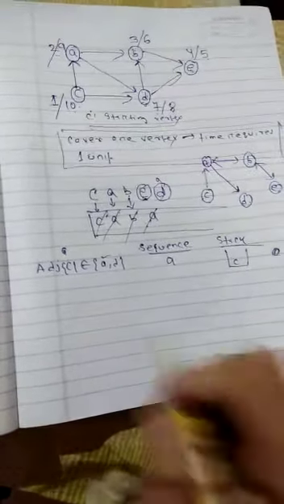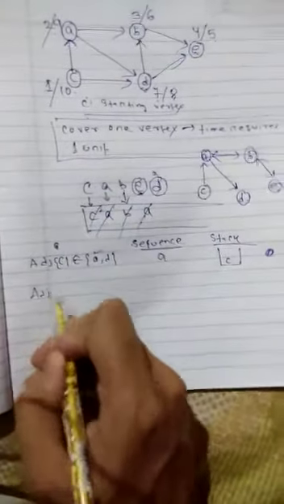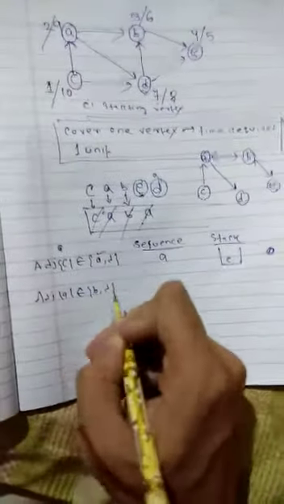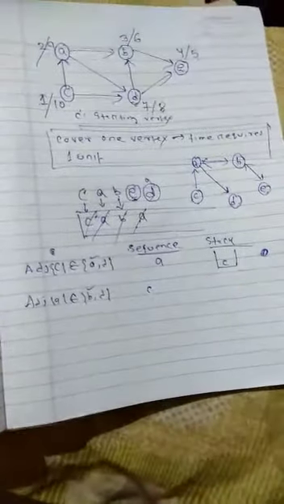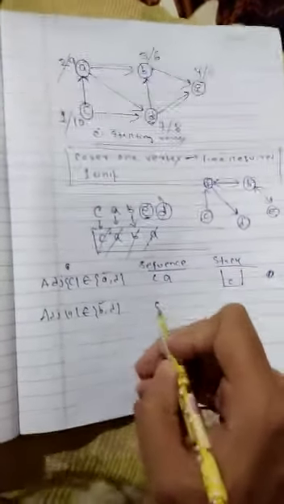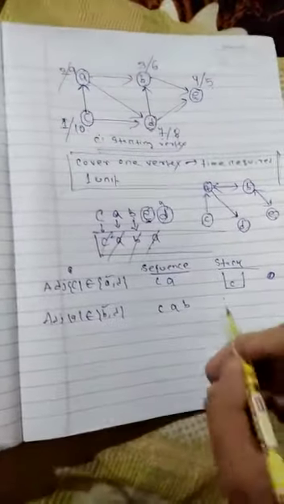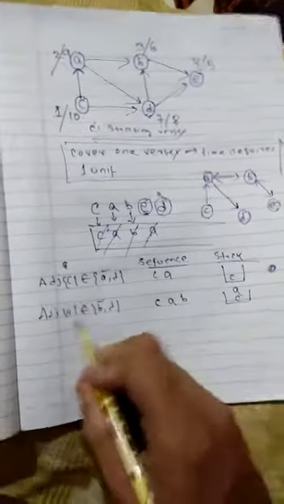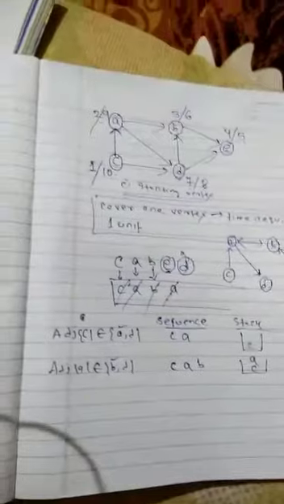Then next I calculate the adjacent of A, which is B and D. You have to consider B. The sequence here is first C, then A, then B. In the stack content, C and A are entered.